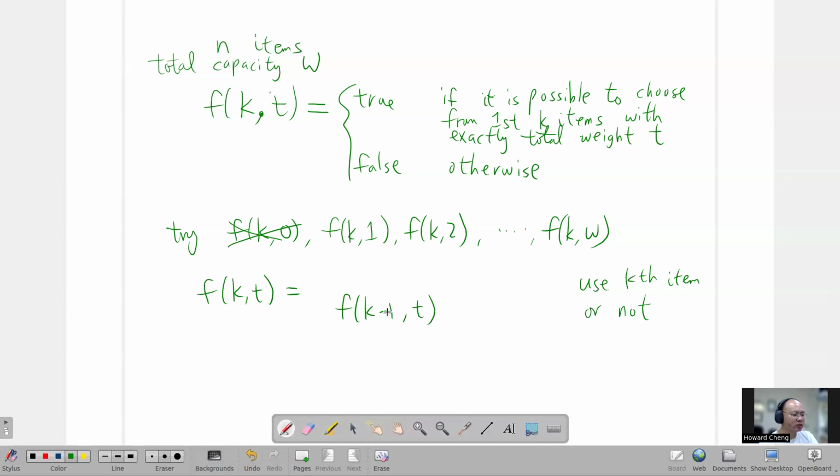So you just recurse with one fewer item. Or if you use it, you still remove the item, but then the sum that you have to form is T minus Wi. And it's going to be a Boolean OR of these two things. So either you can do it with the kth item or you don't. So K minus, sorry, this should be K minus 1.